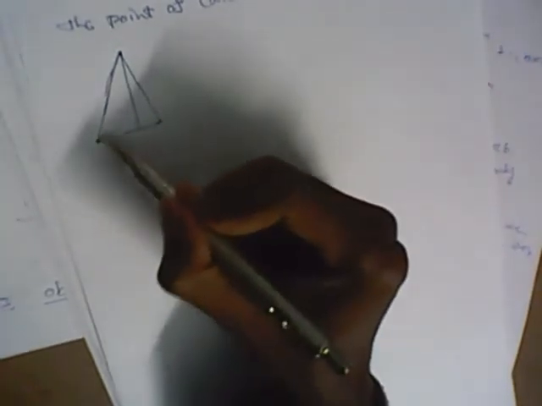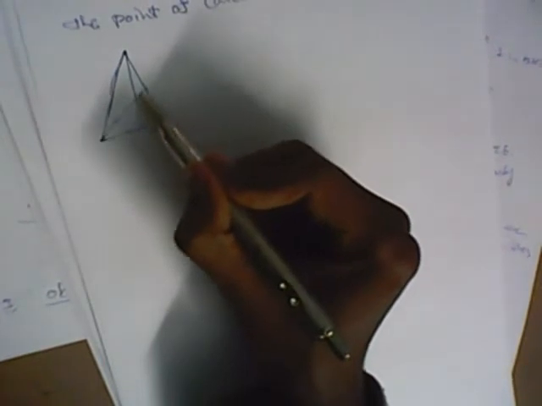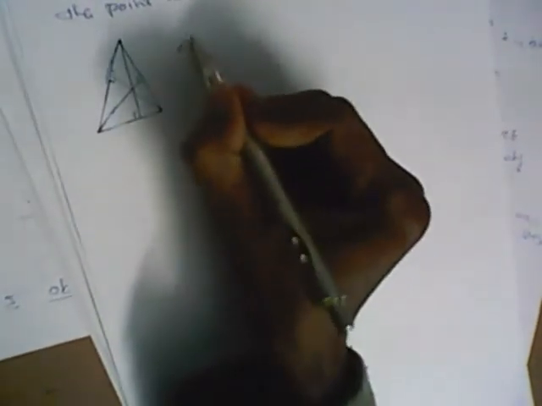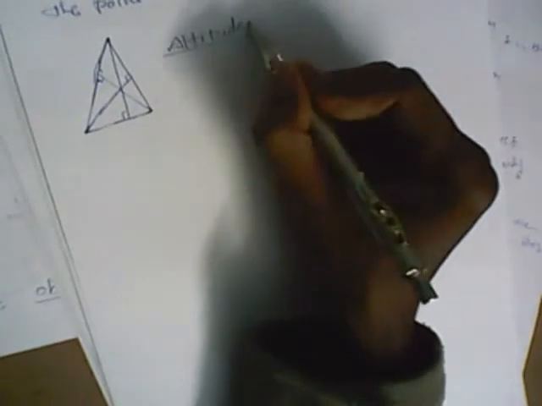This is one altitude, and this is another altitude, and this is another altitude. Or simply we can call it height. Altitude is nothing but height.